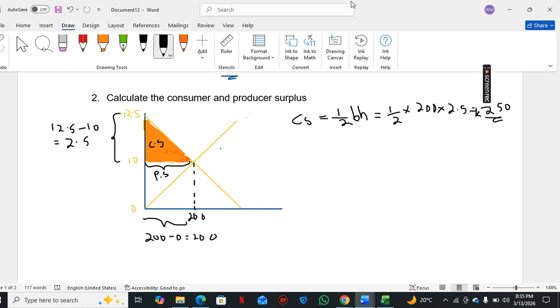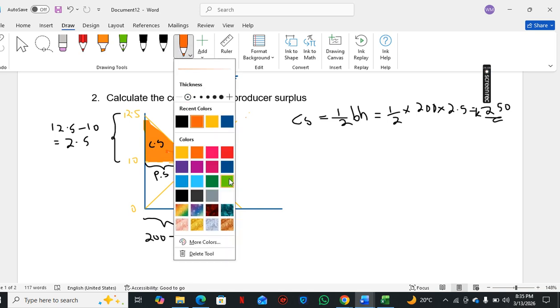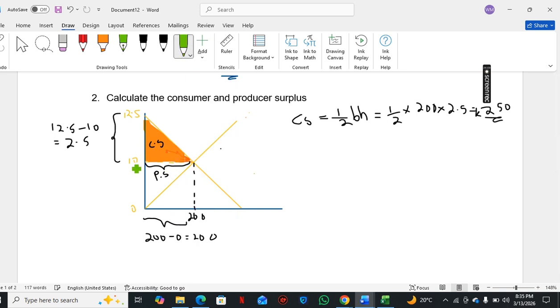Alright. Producer surplus, same logic. You're going to say, okay, this white triangle here, the height is from 0 to 10, so you say 10 minus 0. So the height is 10. The breadth is still the same, 200.